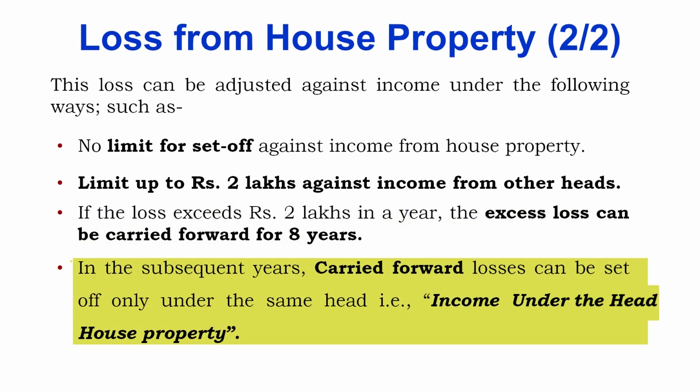In the subsequent years, carried forward losses can be set off only under the same head. Here, we need to keep in mind that in subsequent years, carried forward losses can be set off only under the same head, that is, income under the head house property.